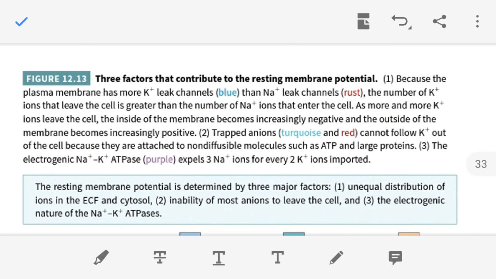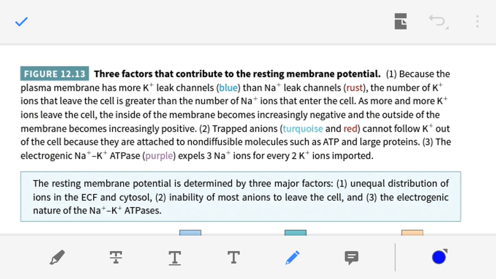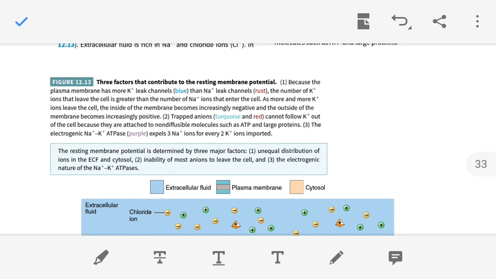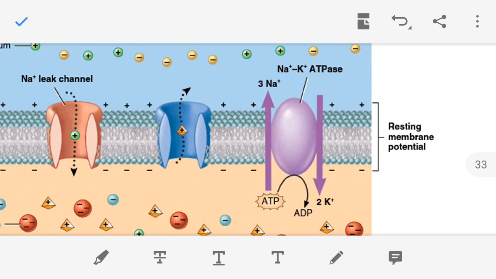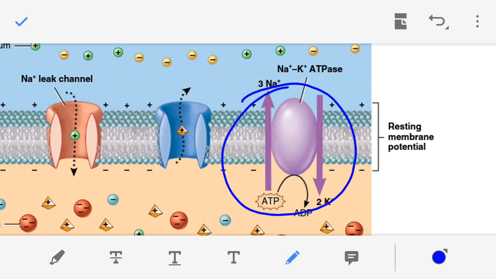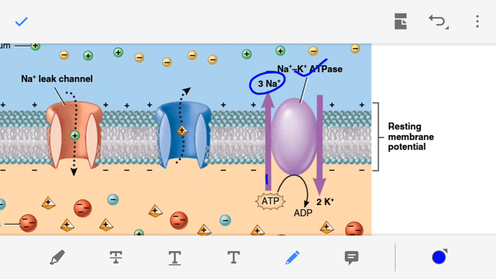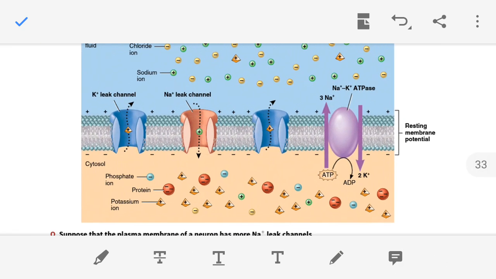Okay, so this is the second factor, and the third factor is the Na+ K+ ATPase. As you can see, this Na+ K+ ATPase is expelling 3 Na+ outside the neuron, and it is bringing 2 K+ inside the cytosol of the neuron.